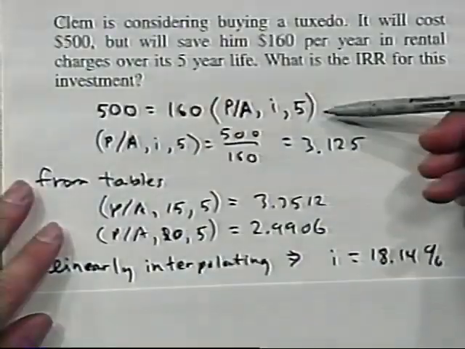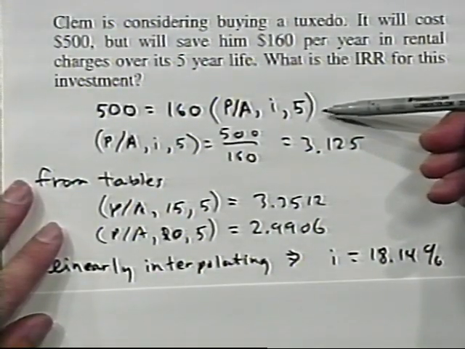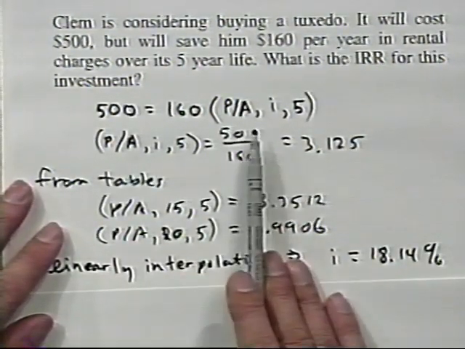Now, another thing I want to do here is point out that there's another way of doing this calculation. The important thing is to equate the disbursements and receipts, but they don't necessarily need to be related as present worth, as I did up here. Here I made them equal as a present worth.